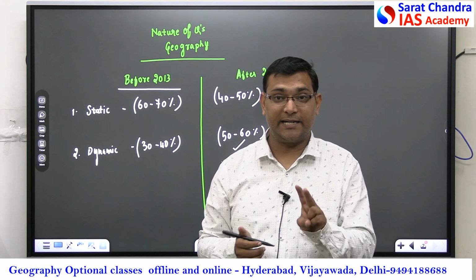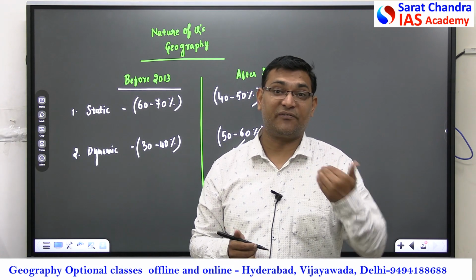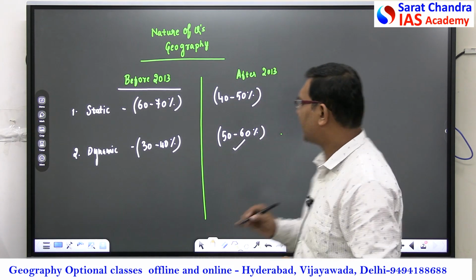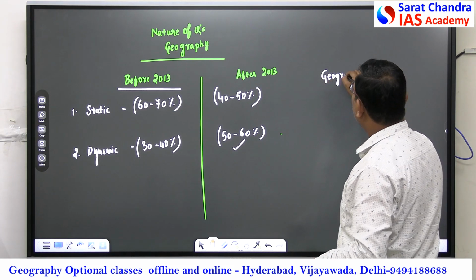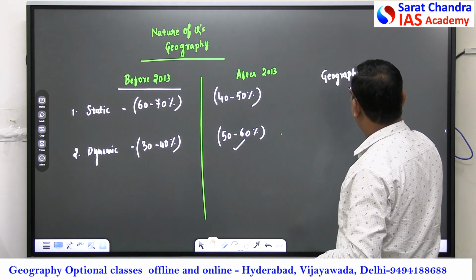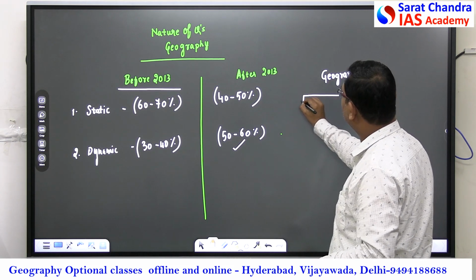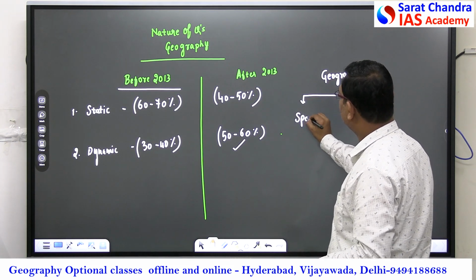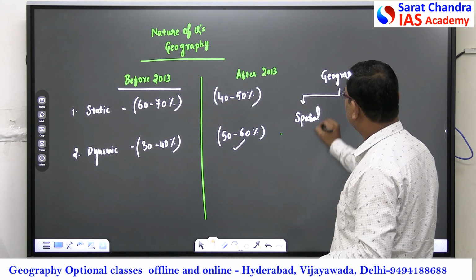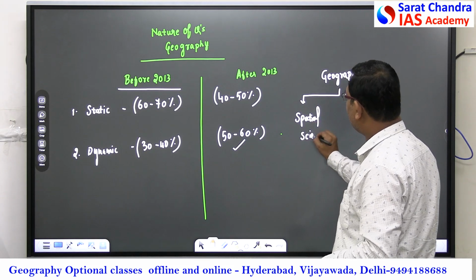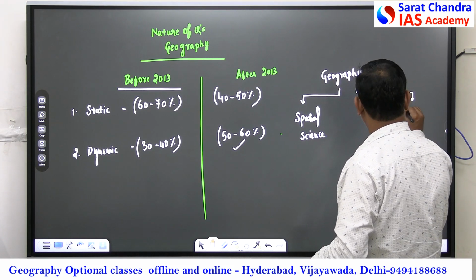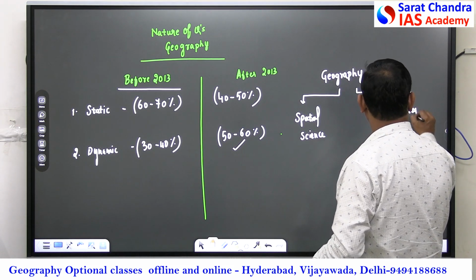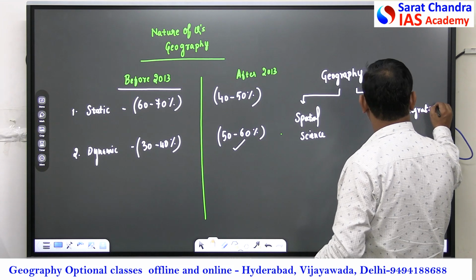Second, the dynamic part, that means current affairs integration. What is geography actually? If you read the 11th class NCERT, it will be two things: spatial science and integrated science.